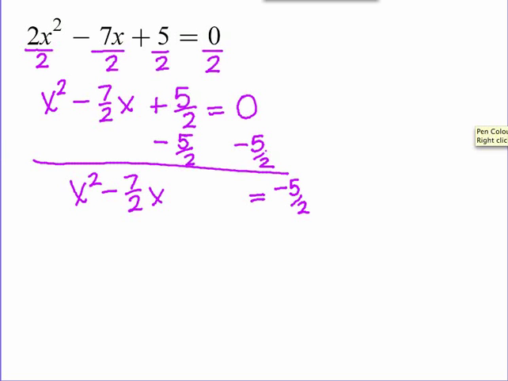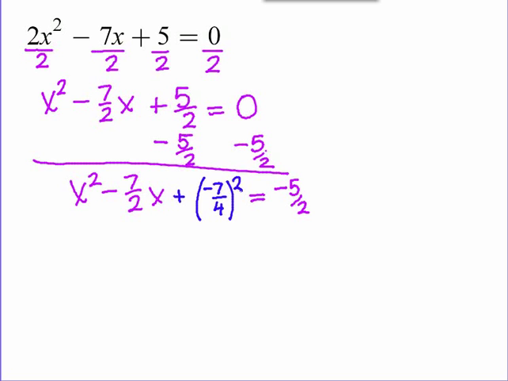Up until now, taking half had been kind of easy, but I'm going to show you a trick that works here. The easy way to take half of negative 7 over 2 is to multiply the denominator by 2, because that's the same thing as multiplying by 1/2. So if I multiply the denominator by 2, what do I get? Negative 7/4. Don't lose the negative.